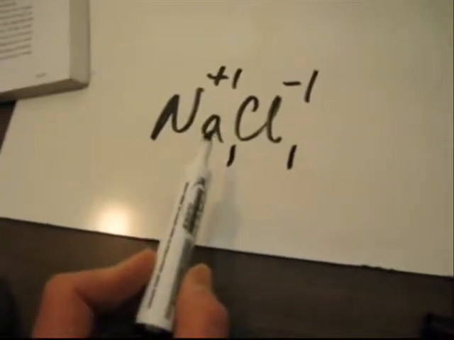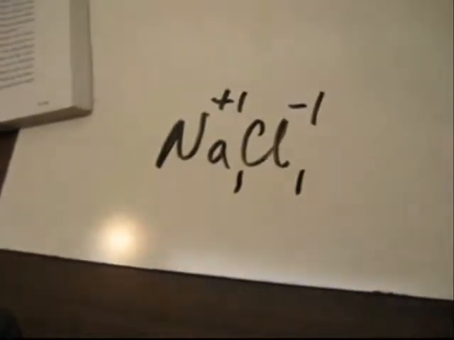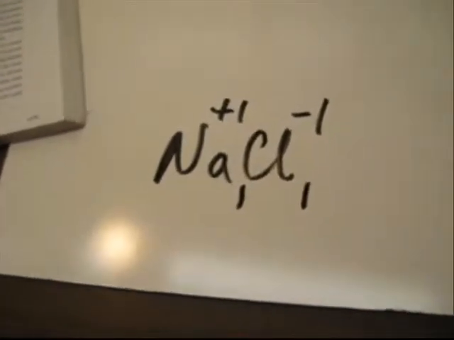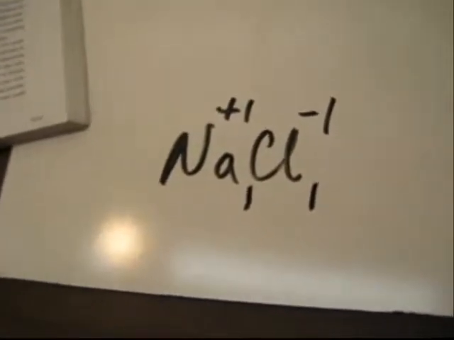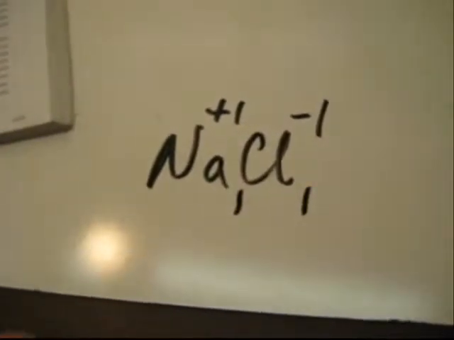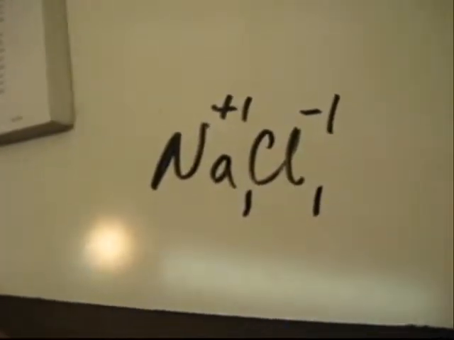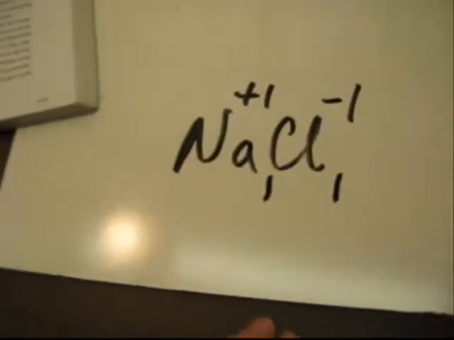The big idea here is the atomic theory says that atoms are extremely small. We can't count individual atoms, so we need some relationship to show an amount that we can actually weigh out, visualize, and therefore create a compound.